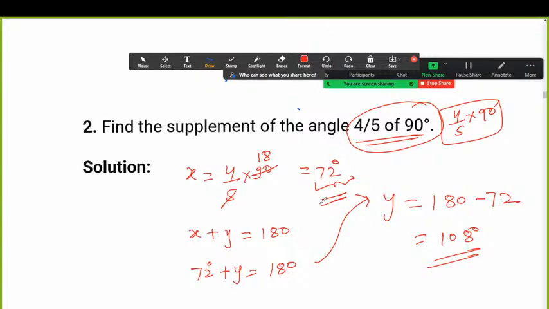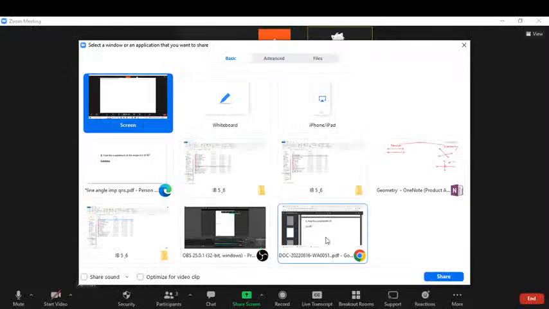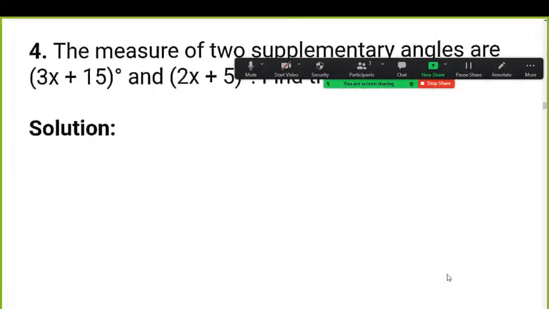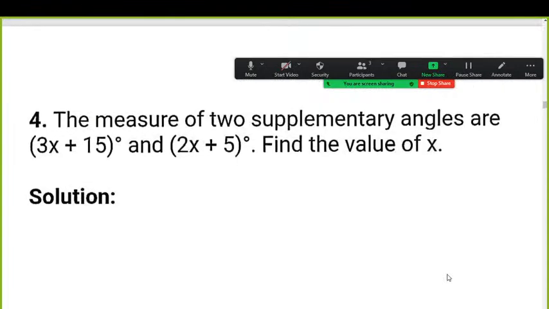Now you can answer the next question. You can just solve all of them. This one I want you to solve. Find the measure of two supplementary angles.